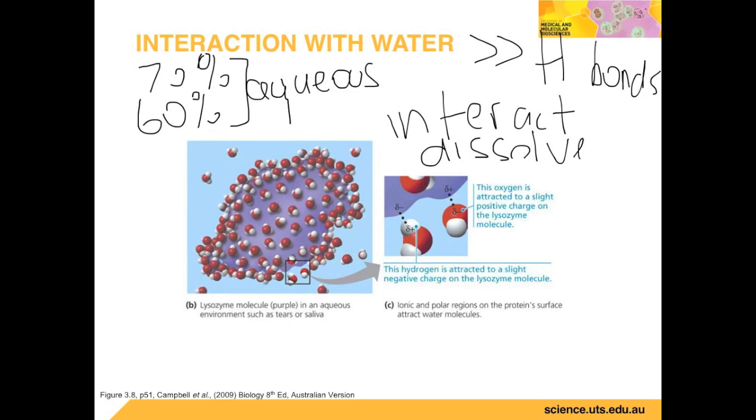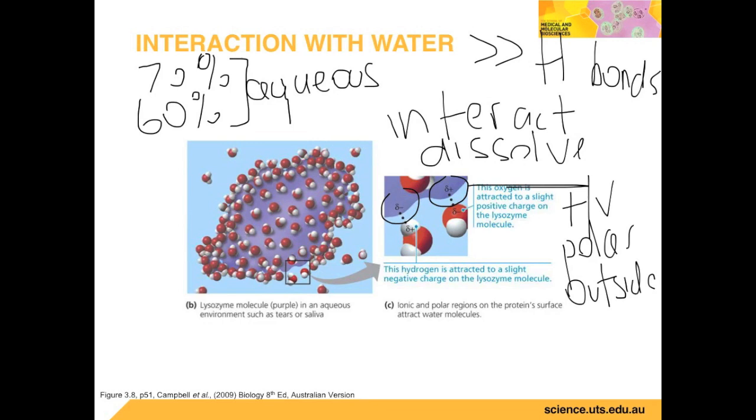Therefore, we're looking at the fact that molecules try to keep their charged or polar regions on the outside of the molecule. By keeping their charged or polar regions on the outside of the molecule, that can interact with water because water is polar.